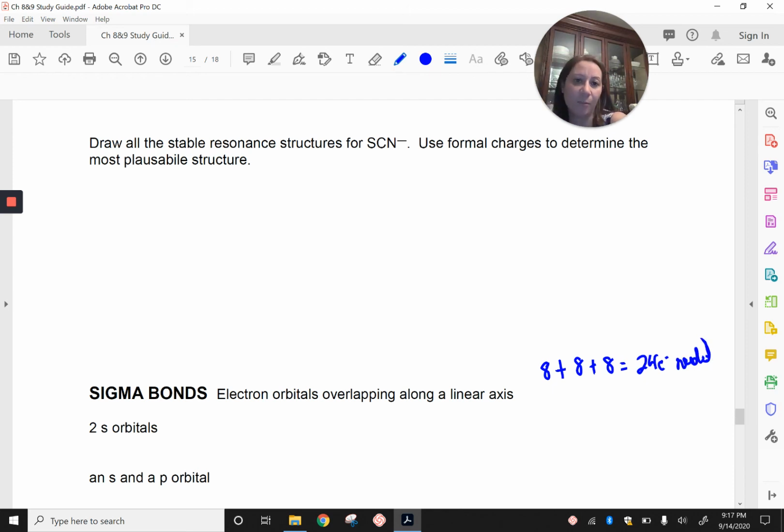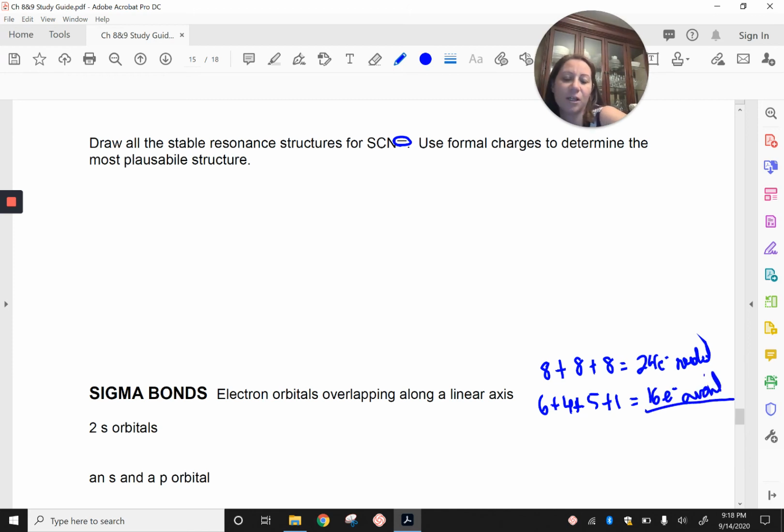Then you calculate how many are available. Sulfur has 6, carbon has 4, nitrogen has 5, and remember that a negative charge means that you have 1 more available electron, so plus 1 more. And so what's that, 16?